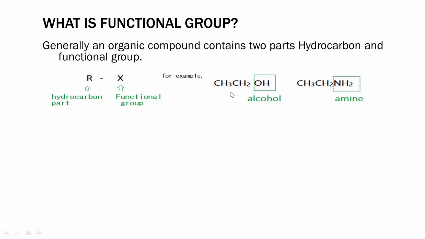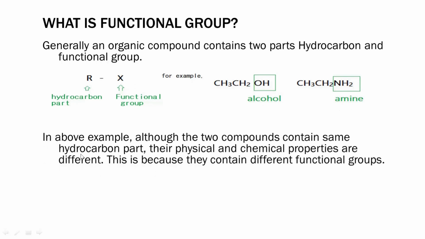For example, CH3CH2 is an alkyl group, that is the hydrocarbon part, and OH is the functional group, that is alcohol. Similarly here, NH2 is the functional group, which is amine, and CH3CH2 is the hydrocarbon part, which is an alkyl group.